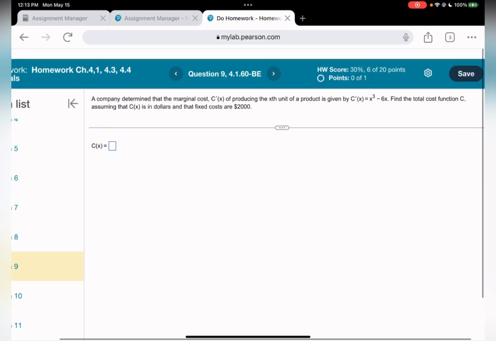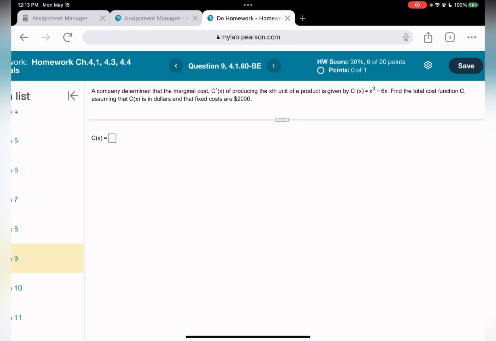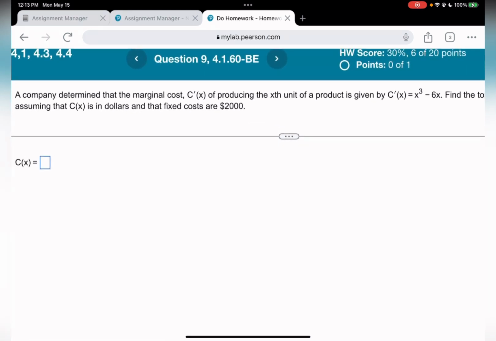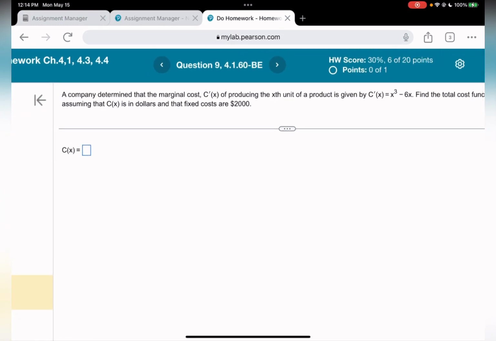Find the total cost function C, which means it's integral because it's given C prime, and we need to find C, assuming C of X is in dollars and that fixed cost is $2,000. Okay, so fixed cost is $2,000.